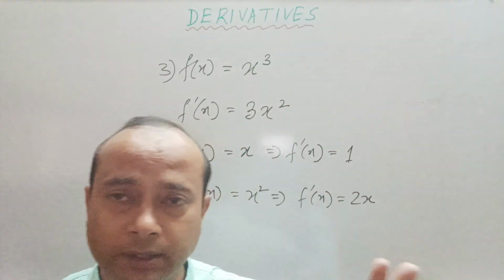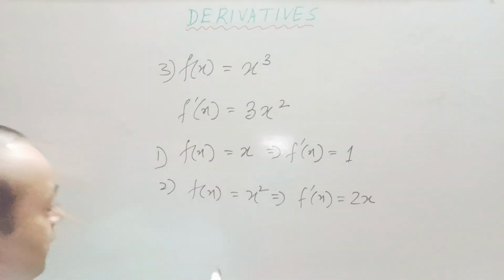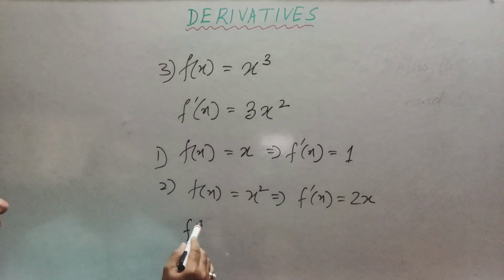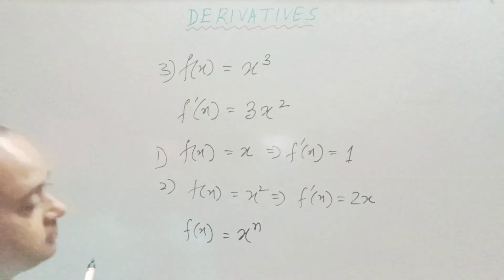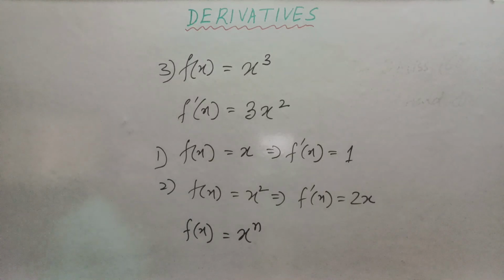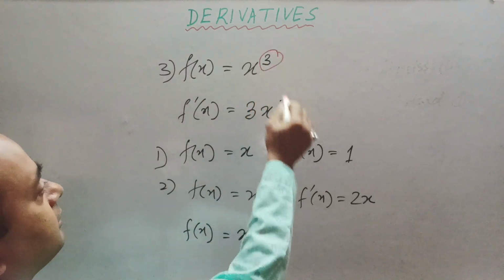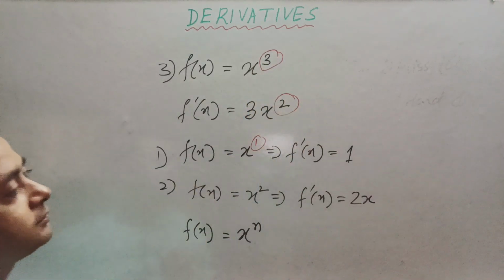If you identify the pattern over here, we come across that if f(x) happens to be x to the power n, that means this index, it is 3, it is 2 and here it was 1, right?